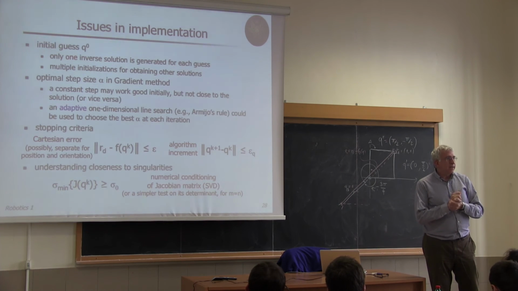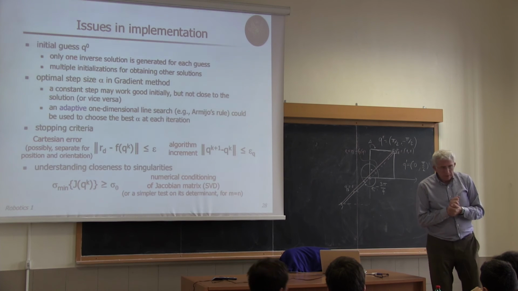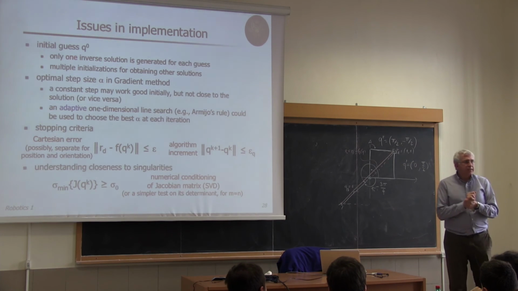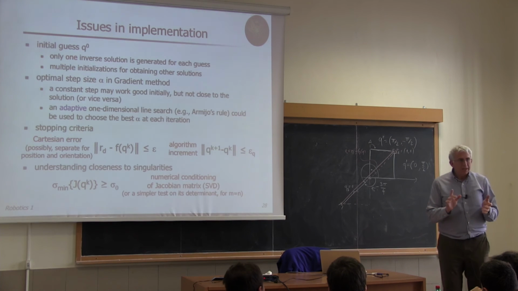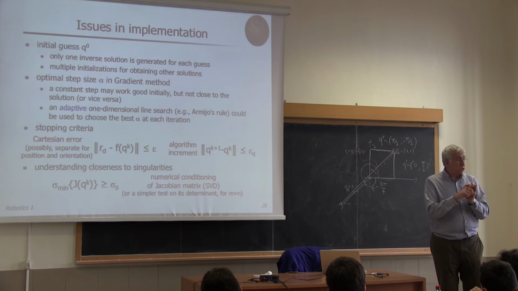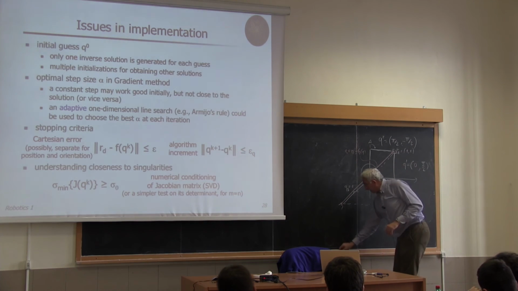Remember that the gradient method, if it encounters a singularity of the Jacobian transpose, then it is not said that the system stops. It may stop. There's an additional condition. You should be in a singularity, and the error should be in the null space of this matrix. I will show you this with an example.